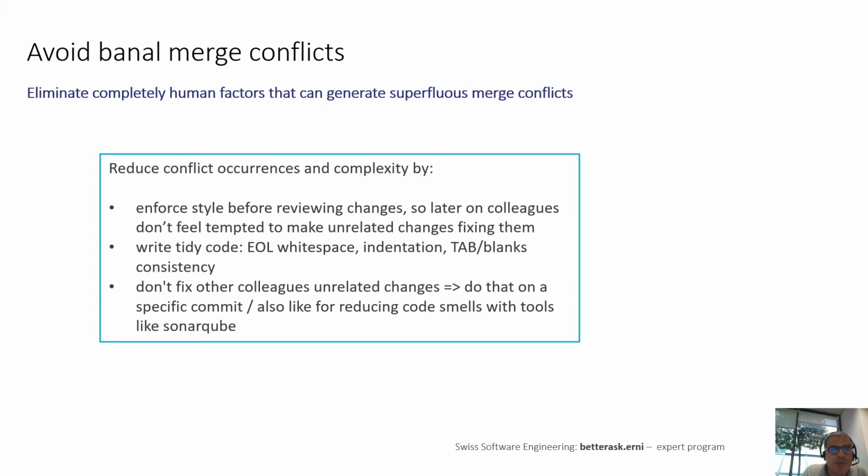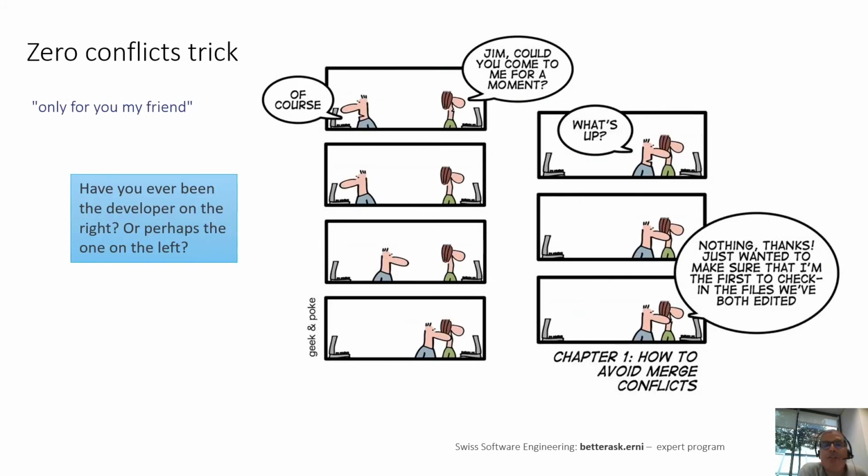Okay, so I have a trick for you. I have a trick to avoid merge conflicts at all. It's only for you. You see this cartoon, this trick. You see the guy on the right. He calls his colleague, come here, please. And what happens? I wanted to make sure that I am the one to check in the files we are both editing.